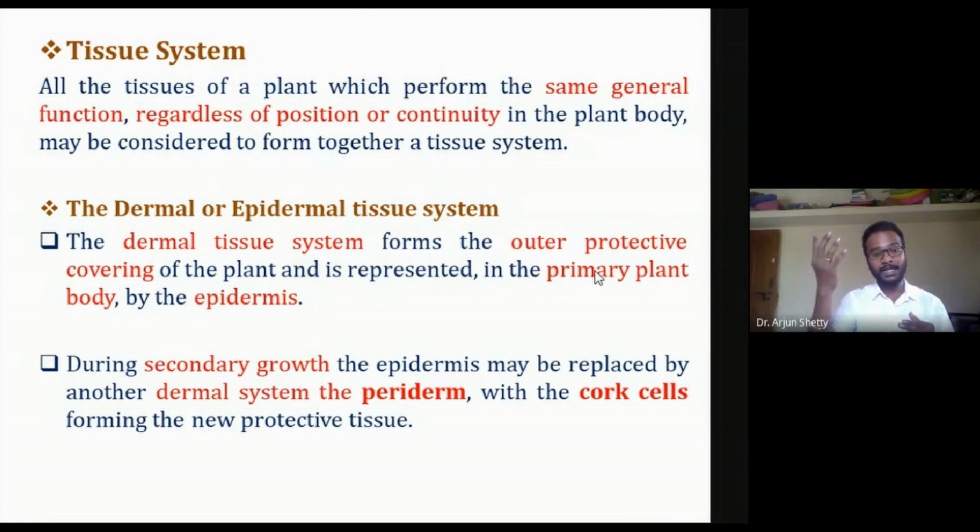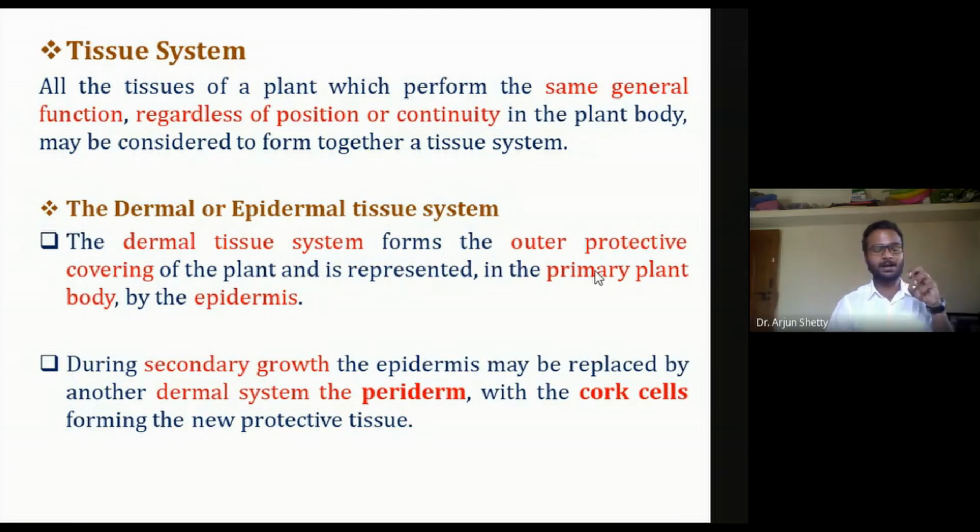When we talk about the secondary growth of a plant body, the epidermis will be completely removed and replaced by another type of dermal system, the periderm. This periderm acts as the outermost protective layer, and it usually contains cork cells.